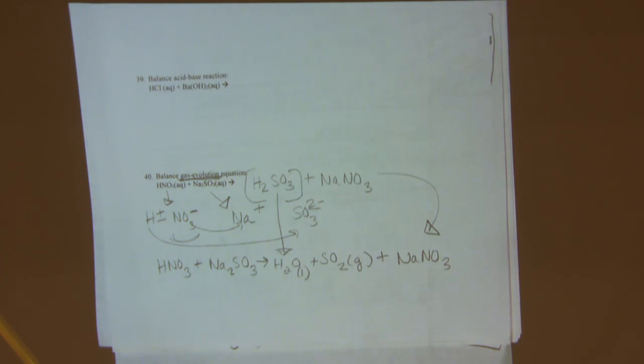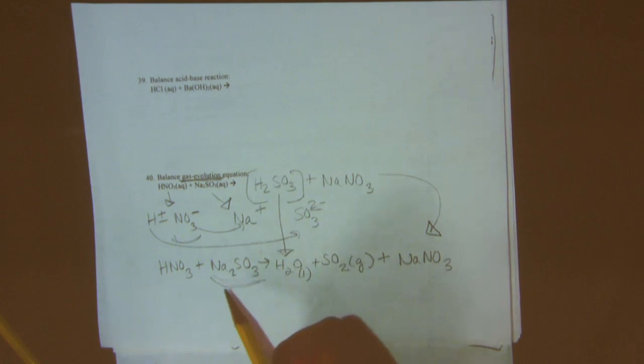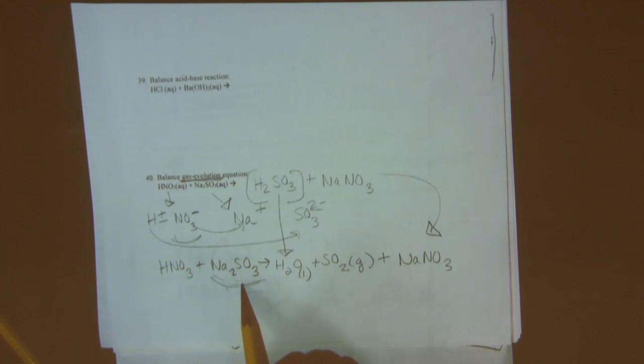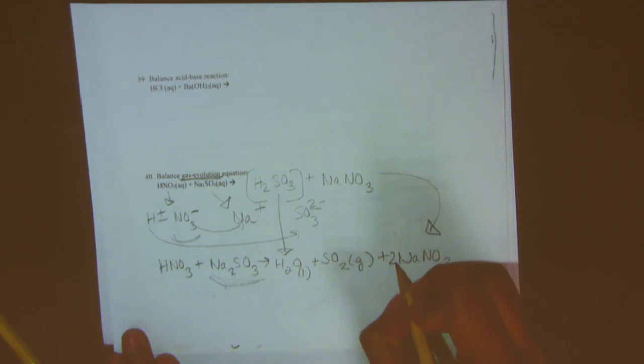Usually when I start with these kinds of questions, a good way to go is to focus on your more complex compounds, right? So in this scenario, maybe I can focus on this one. This one looks pretty complex, right? I have 2 sodiums, 1 sulfur, and 3 oxygens. So if I have 2 sodiums on this side and only 1 sodium on this side, let's add a 2 there.